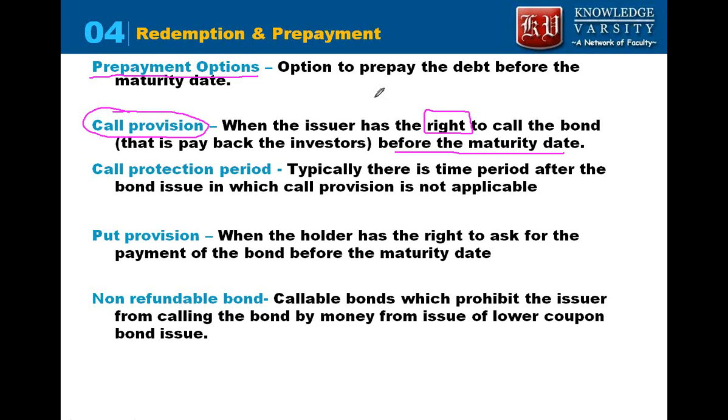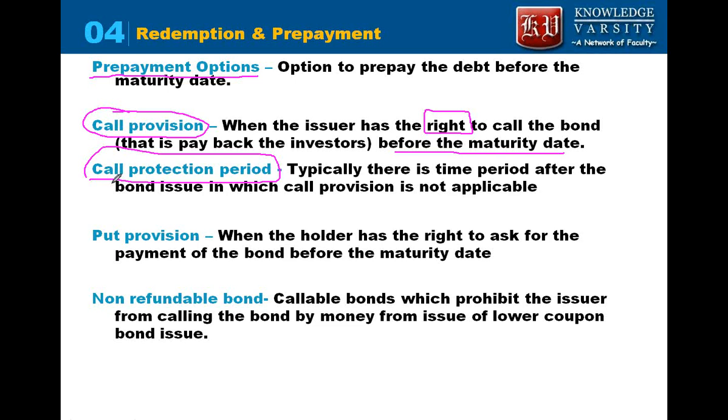There is also a call protection period, that is, it specifies that within 1 year the bonds will not be called, or within 5 years the bonds will not be called. This is to protect the bond holders. Because if a company has issued a bond and it is calling back the bond, it is paying the money to the investors.